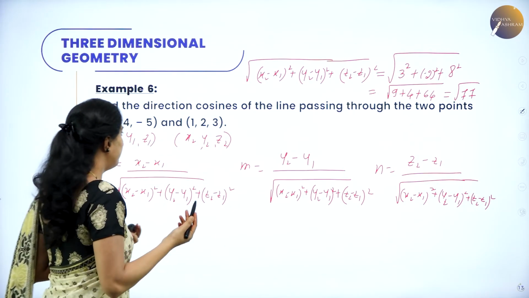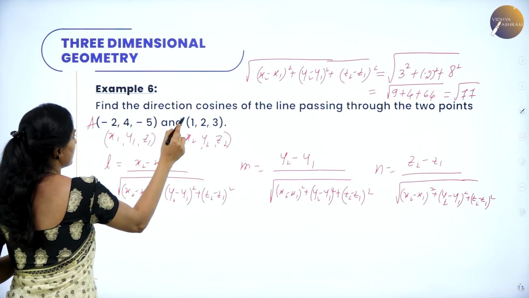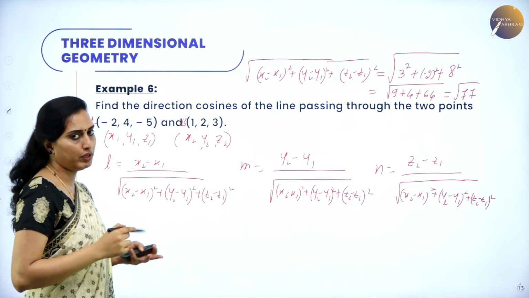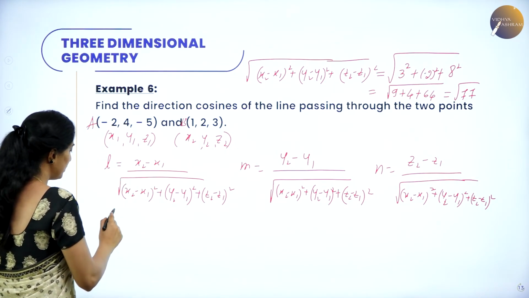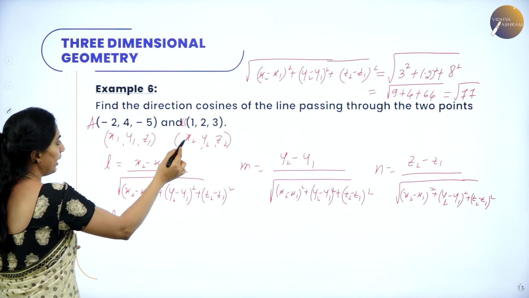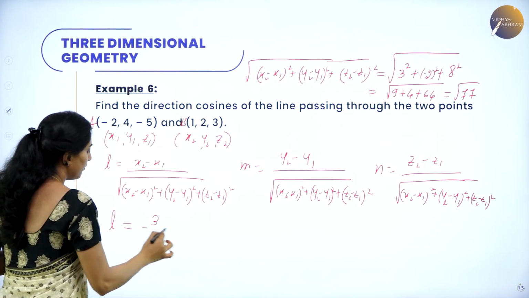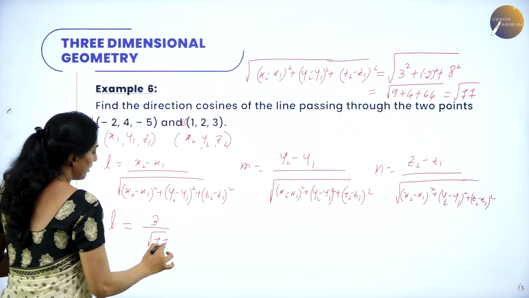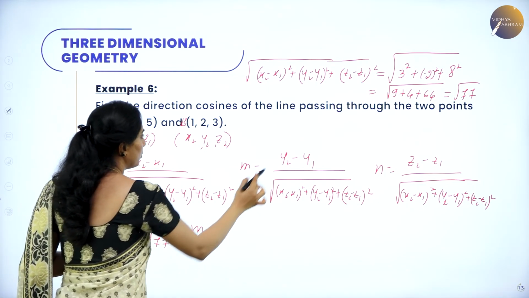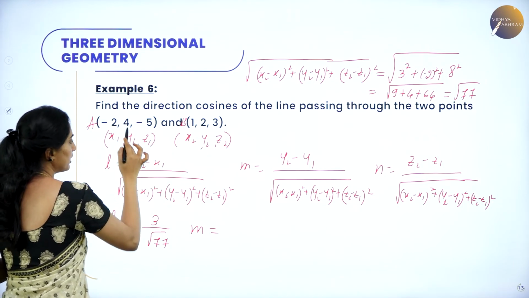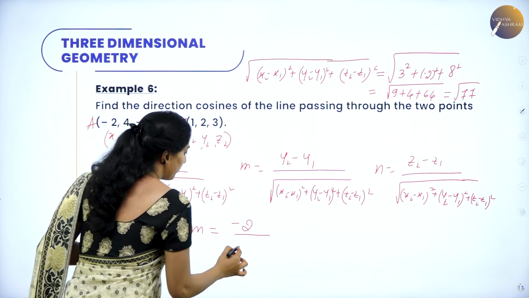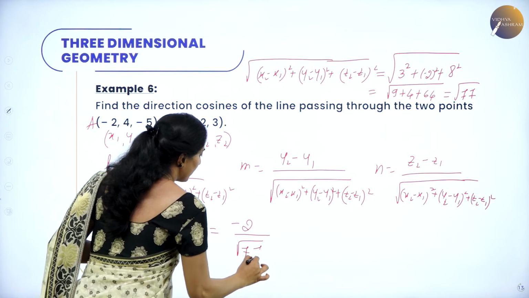If you take this as point A and this as point B, AB, you can substitute: l is equal to x2 minus x1, which is 1 minus of minus 2, which is 3, divided by the square root of 77, and m is equal to y2 minus y1, which is 2 minus 4, minus 2, divided by the square root of 77.